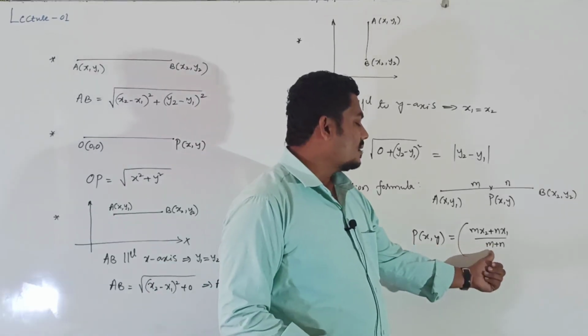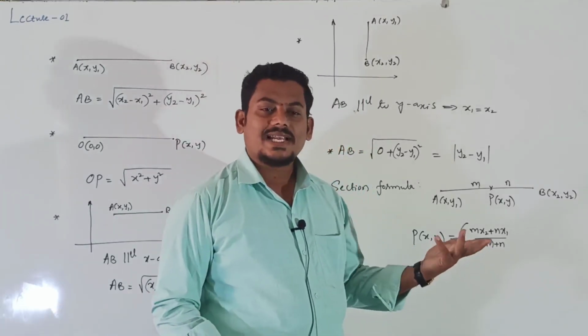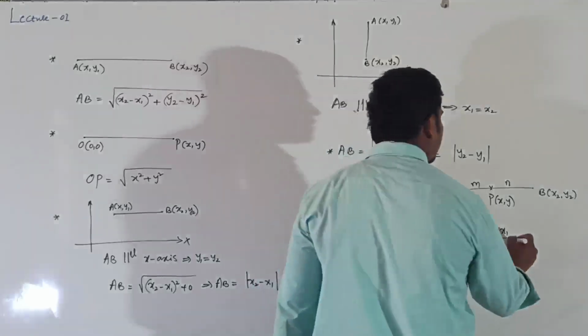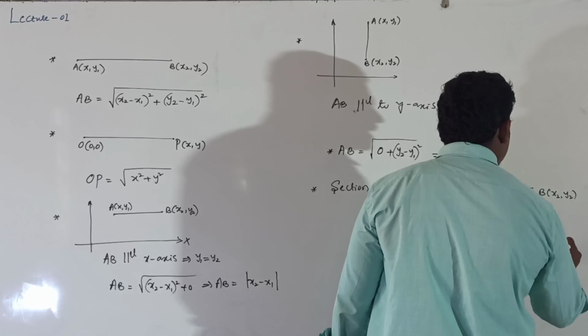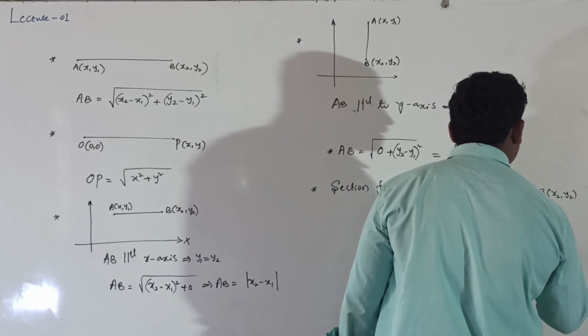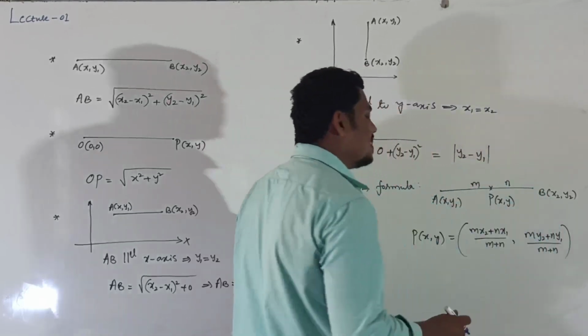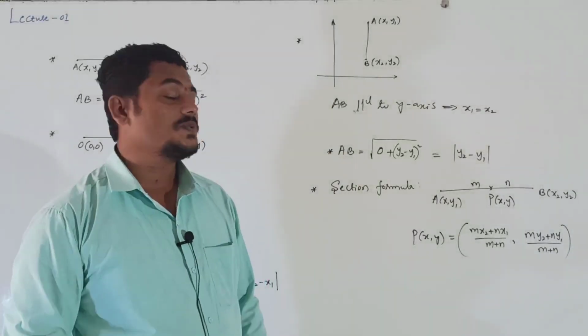Why? Because if m plus n is 0, then it is not defined, right? Then similarly the y coordinate: my2 plus ny1 divided by m plus n. This is the section formula for internal division.